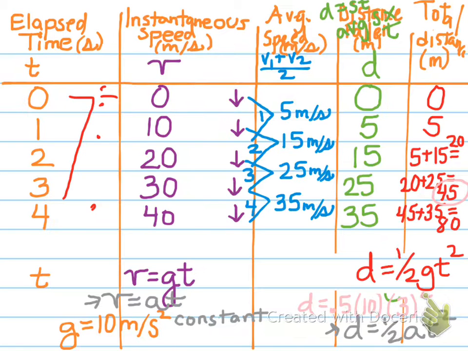Right? So what that's saying is our distance of fall in our first second was only 5 meters. In the second second, we fell 15 meters. In the third second, 25. In the fourth, 35. Okay? You should see a pattern here. So the next second, you would fall 45 meters.